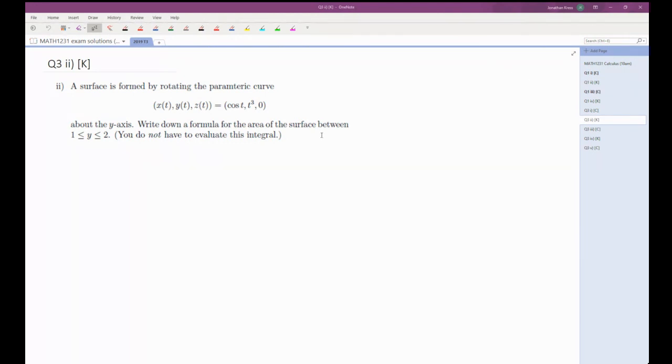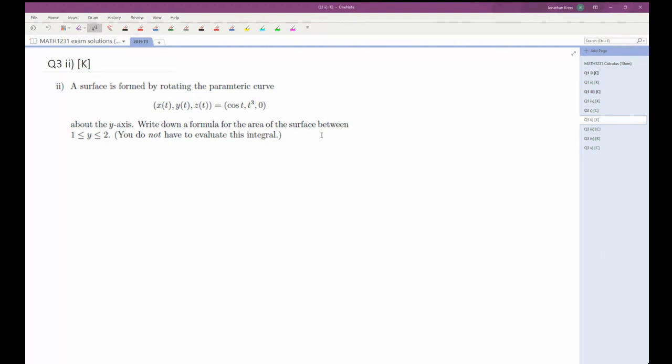Okay, so now we have a straightforward question, really: do you know the formula? There's a slight twist here, because we've got a surface formed by rotating a parametric curve.